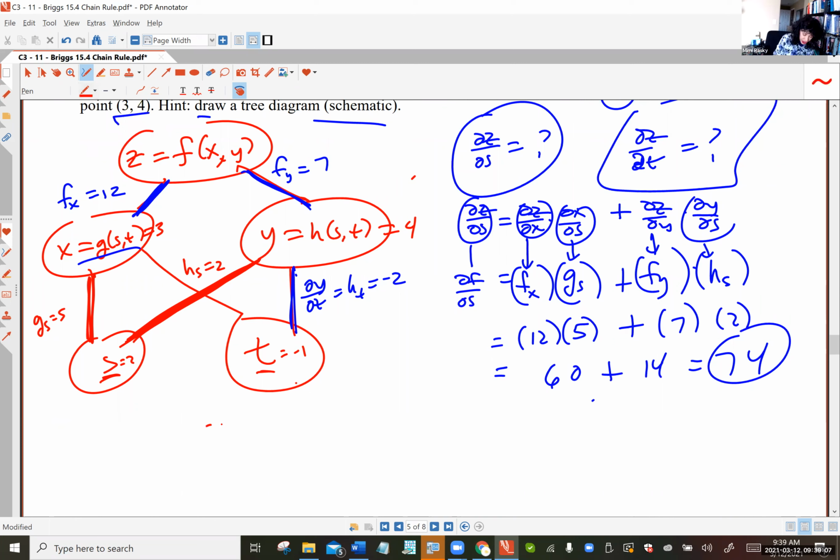So if I use the chain rule, dz dt is, and I'm just going down all these branches here. You first go down dz dx, and then you go down the partial of x with respect to t, that's this branch here, plus then you go down dz dy right here, and then you go down, that's a y, times the partial of y with respect to t.